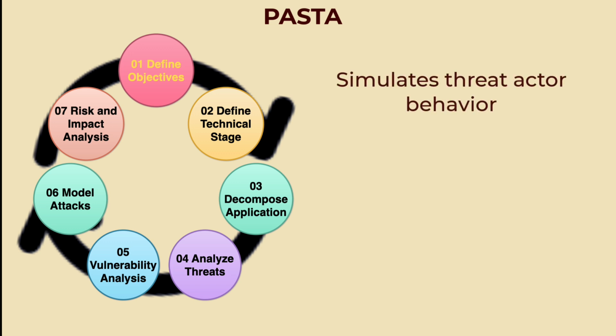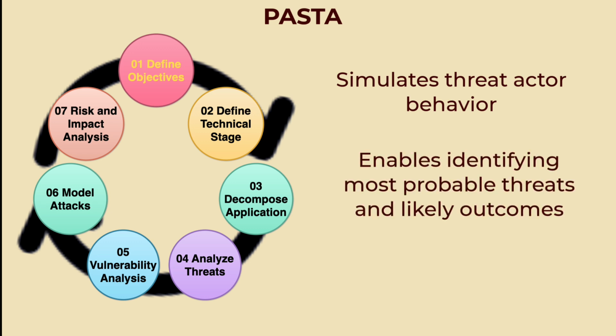It simulates realistic adversary behaviors, enabling organizations to determine the most relevant threats and their likely outcomes. By highlighting the critical risks that directly affect key business processes and data, PASTA helps prioritize mitigation efforts, ensuring security resources target the areas where they will have the most significant impact.